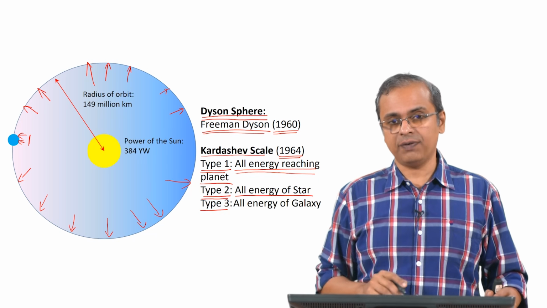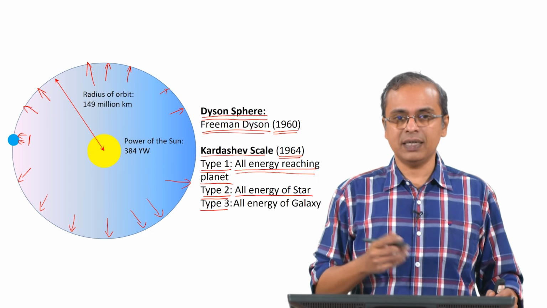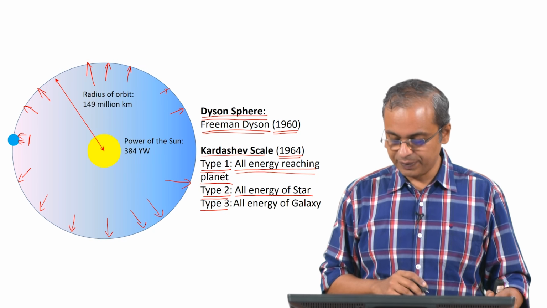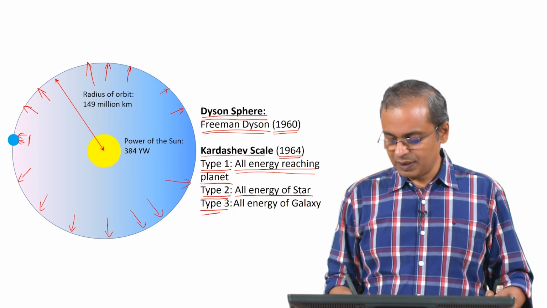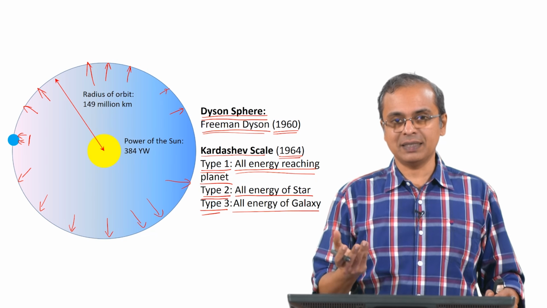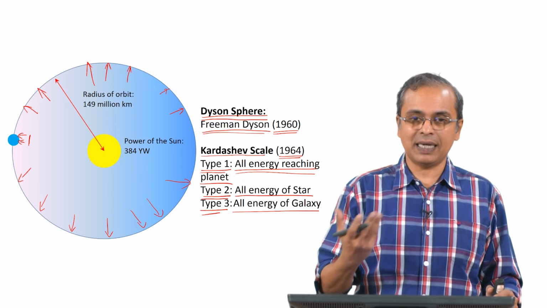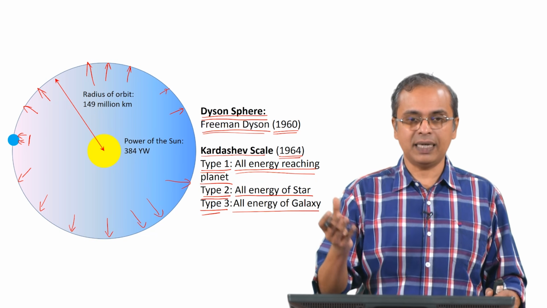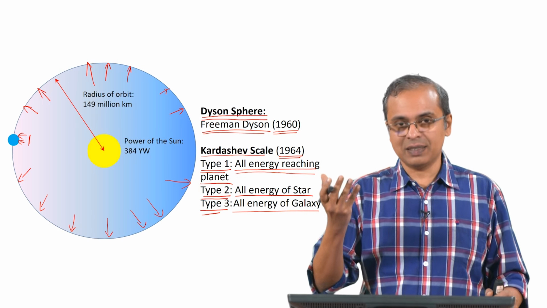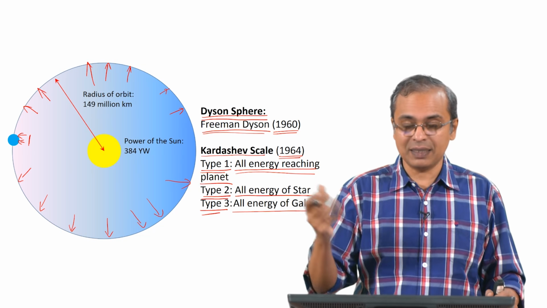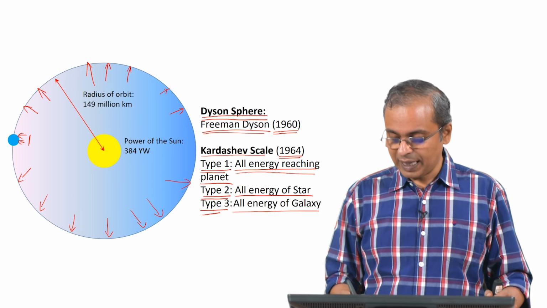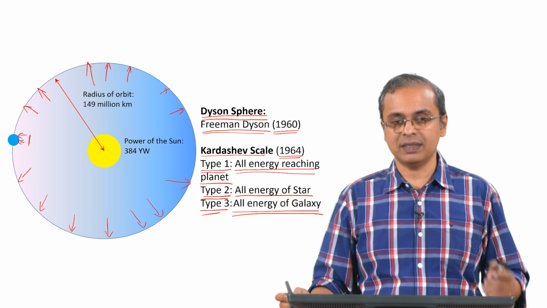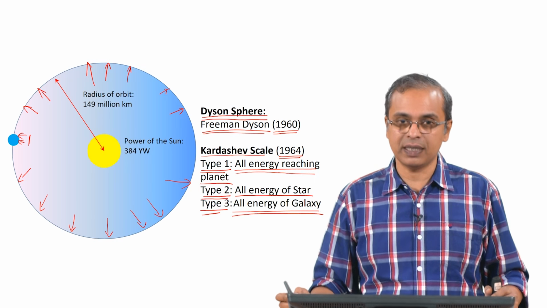So, if you get a chance on the internet, use a search engine and search for Dyson sphere and get an idea of it. Type 3 is beyond our imagination. Certainly even Type 2 is beyond our imagination, because I really can't see how we will build something that covers our entire orbit, but in any case, at least notionally it seems like something that can be considered, if at all there is a way to do it. But Type 3 would be one which uses all the energy of the galaxy that it is present in, a civilization that is present in a galaxy that uses all the energy of the galaxy.